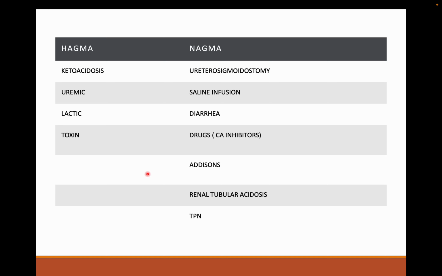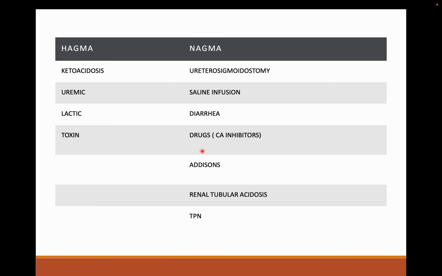When you come to normal anion gap metabolic acidosis, because of chloride conservation in the kidney, though there is a bicarbonate loss, we have normal anion gap metabolic acidosis. Despite the loss of bicarb, chloride is compensating for it. Causes of NAGMA are saline infusion, ureterosigmoidostomy, diarrhea, and drugs like carbonic anhydrase inhibitors, acetazolamide.